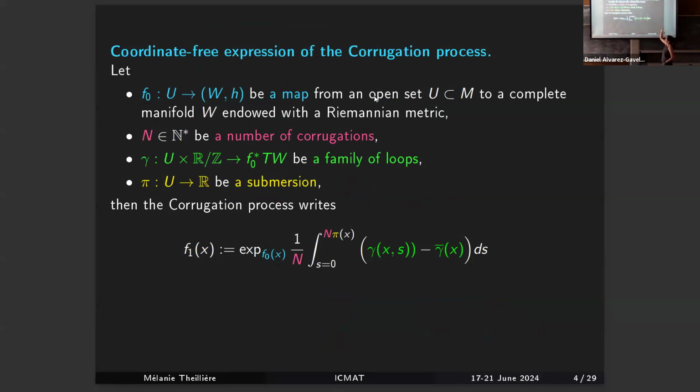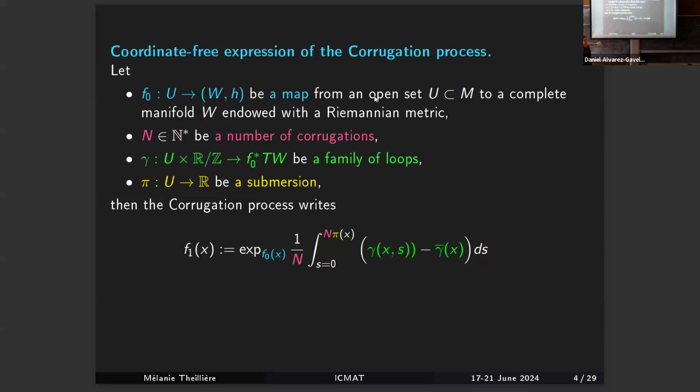And for example, in fact, we can rewrite the previous formula without a coordinate system. So we have still F0 an initial map, defined on an abstract manifold. We have n a number of corrugations. Gamma, we say that the loop family is defined following the tangent space.